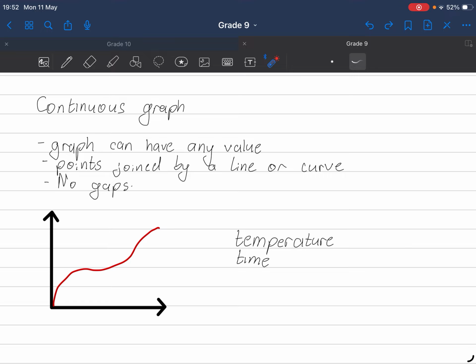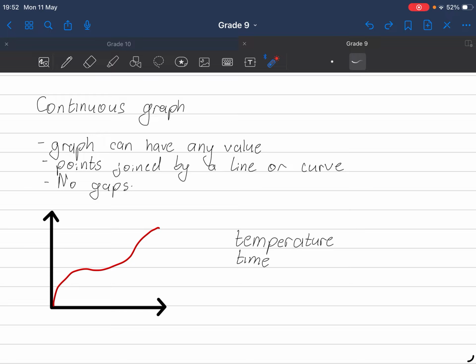The temperature can change. You might have 12 degrees, and then 12.1 degrees, and then 12.3 degrees. And then it can continuously change. There's a continuation between different values. Basically, if you had to think about it, in the morning the temperature is 10 degrees. By the afternoon it's 20 degrees. How did it get from 10 to 20?